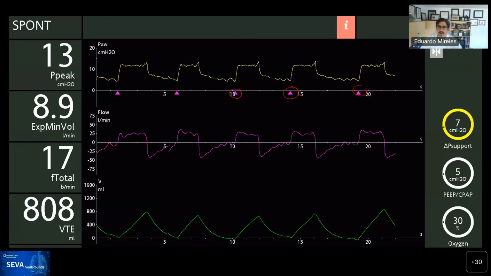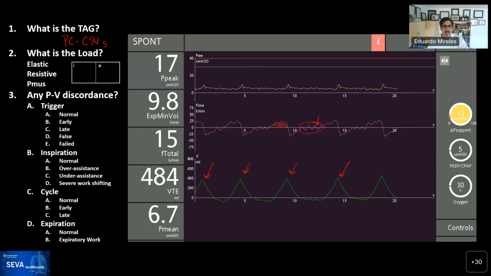That's another reason to keep your eyes on the flow waveform, because the ventilators are designed to maintain the pressure, and so you may not be able to see the changes in the pressure waveform because of that. So that's the rationale. Thank you, Rob, for putting the equation of motion. So definitely, it's the PMOS generating all the volume at this time.